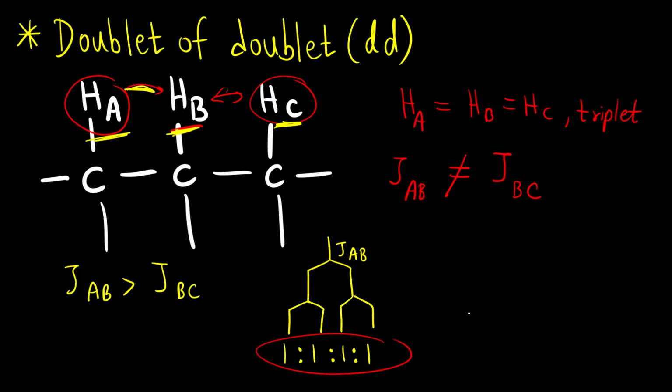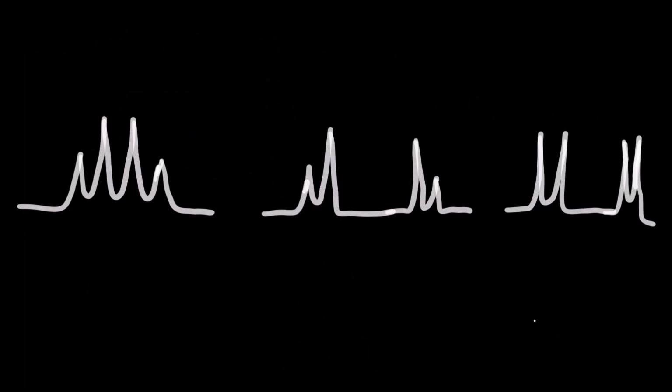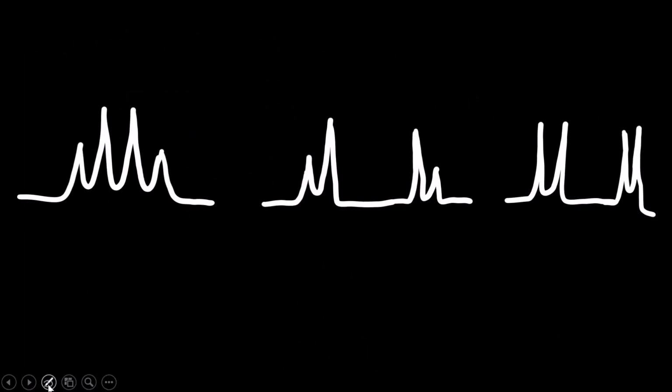The peak will look like this. The distance between the two doublets is similar to that of the AB quartet, but the only difference is that the intensity ratio here is 1:1:1:1.